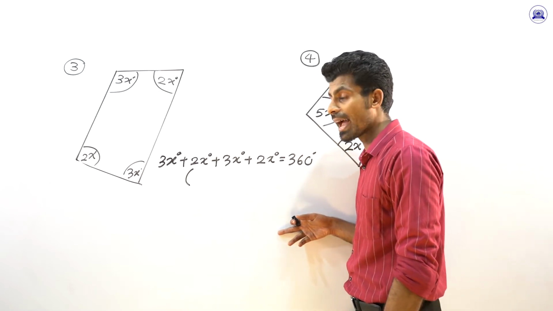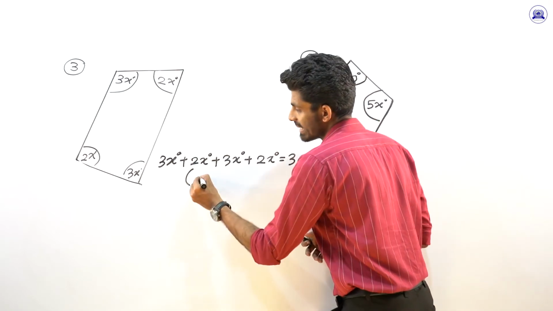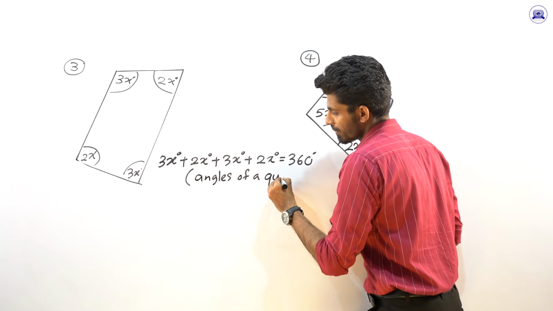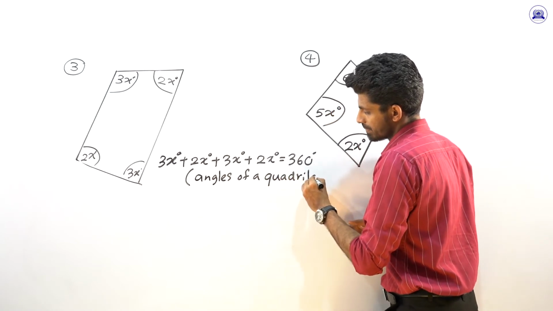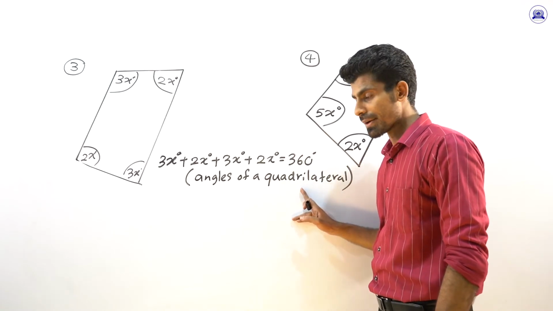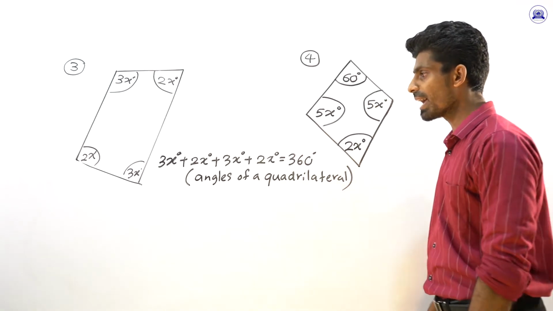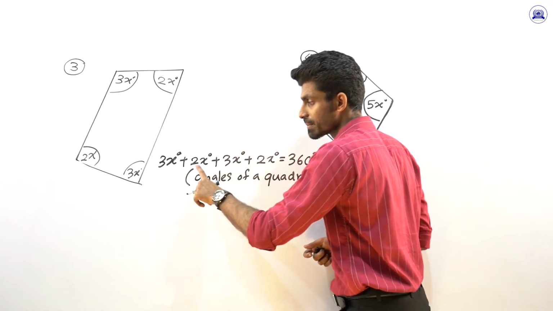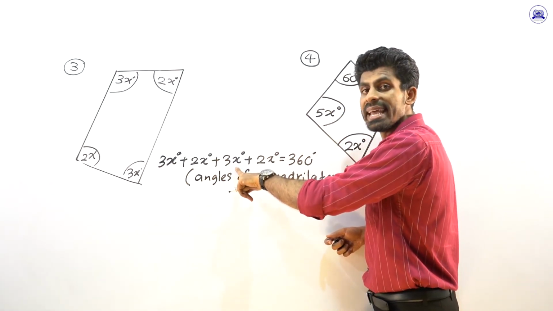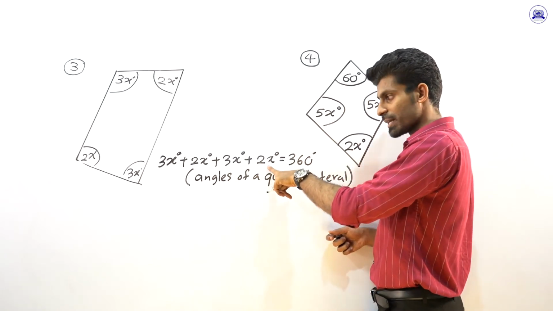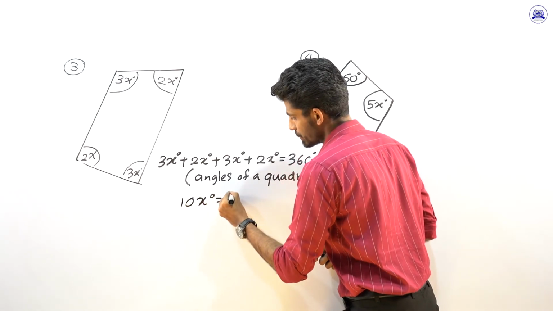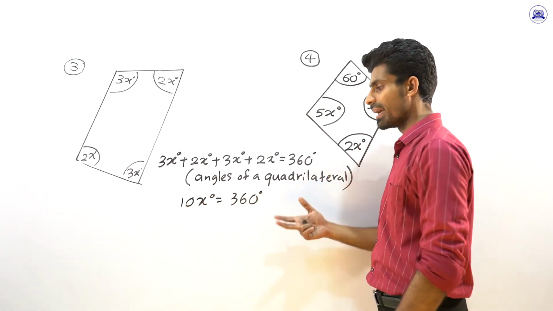Angles of a quadrilateral. 3x plus 2x is 5x, 5x plus 3x is 8x, 8x plus 2x is 10x. 10x equals 360. Very easy.